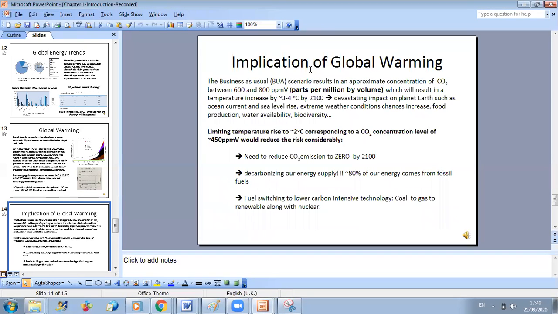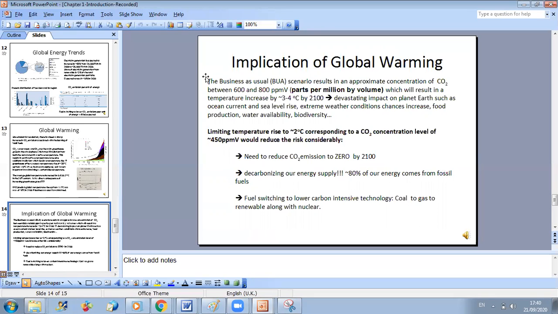Now, the business as usual scenario means that if we continue to produce CO2 in the same way, this will result in an approximate concentration of CO2 between 600 and 800 parts per million by volume. This means that for each million particles in the air, we will have between 600 and 800 particles of CO2.